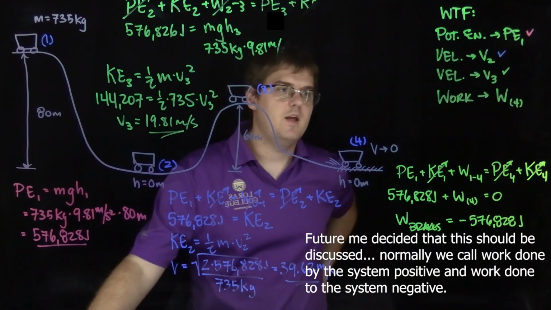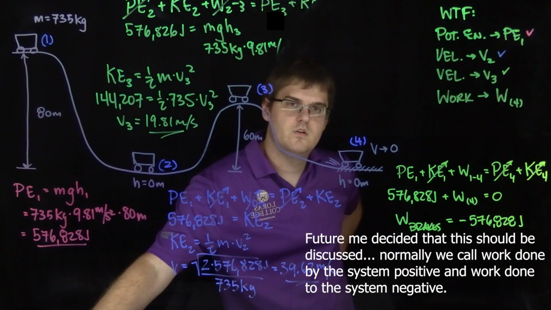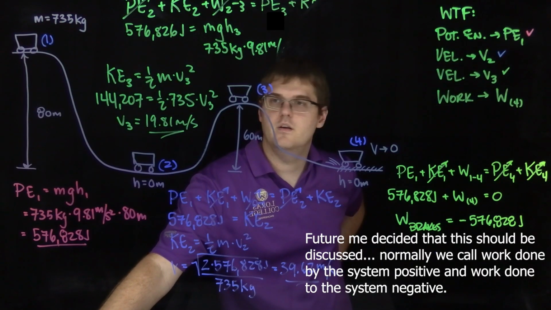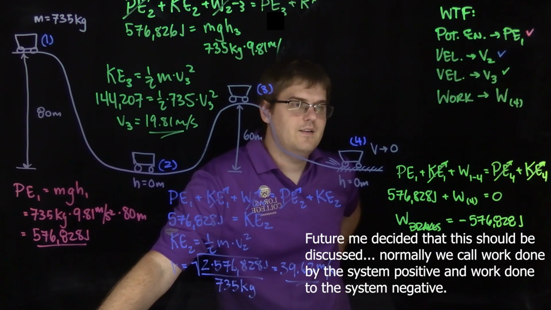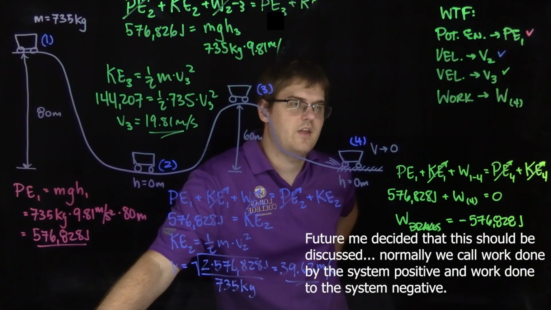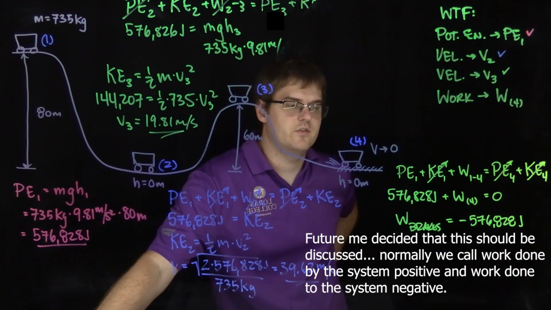Meaning that I've been labeling this work 1 to 4 as work in. If I've got negative work done, we're losing energy. The brakes are pulling 576,828 joules of energy out of my system.